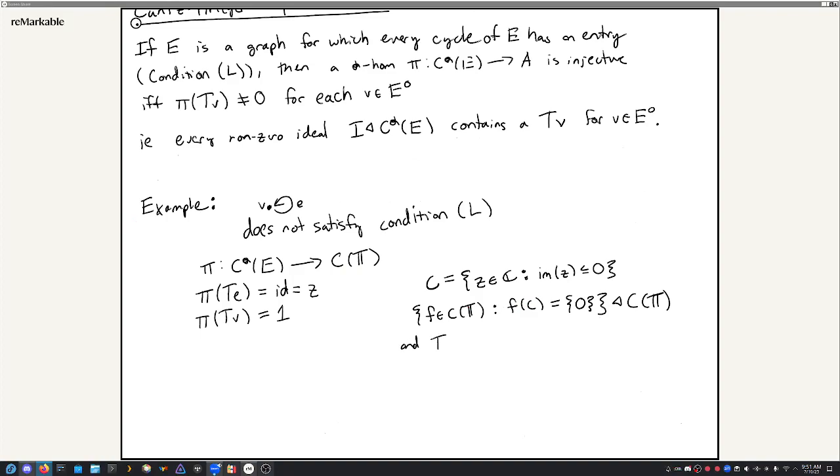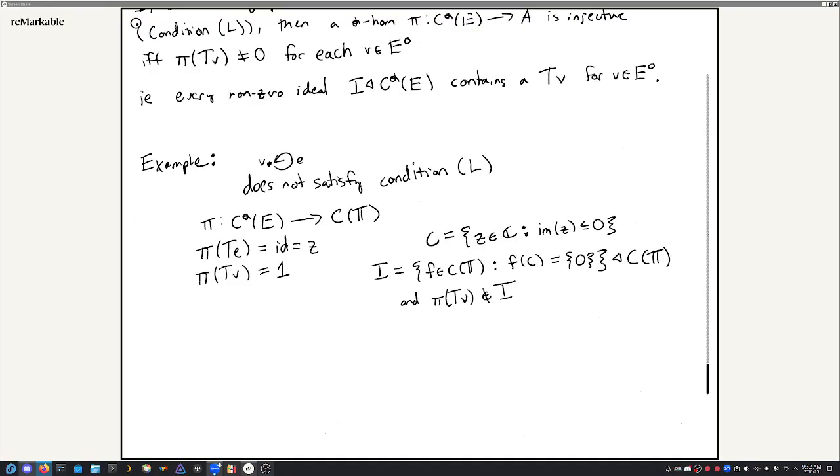The only vertex projection, so pi of T_V, is not contained in this ideal. If it was, then that would be the unit contained in the ideal. So the ideal would contain every continuous function on the unit circle, but clearly that's not the case.